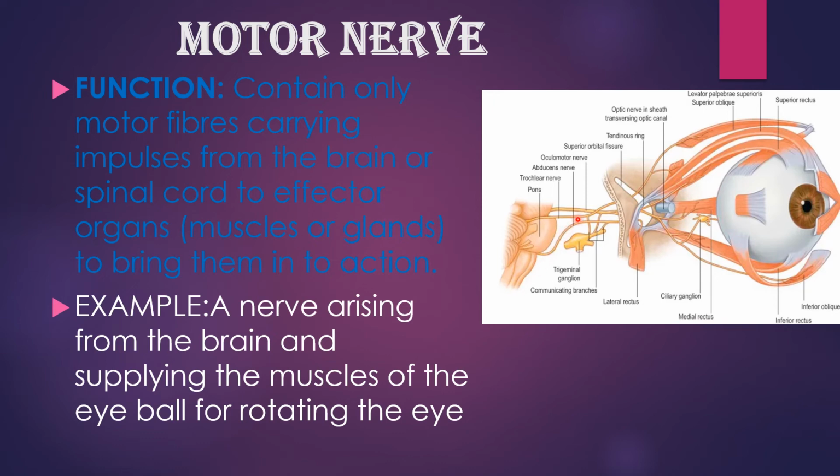From the brain, this motor nerve carries impulses to effector organs, muscle or gland, to bring them into action. Example, a nerve arising from the brain and supplying the muscles of the eyeball. Here you can see, it is for rotating the eye.